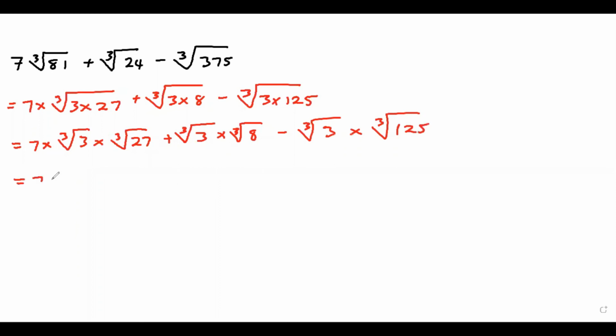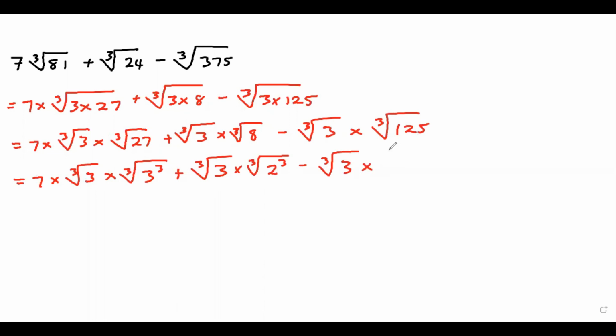So that would be 7 times the cube root of 3 times the cube root of 3 cubed, plus the cube root of 3 times the cube root of 2 cubed, minus the cube root of 3 times the cube root of 5 cubed.